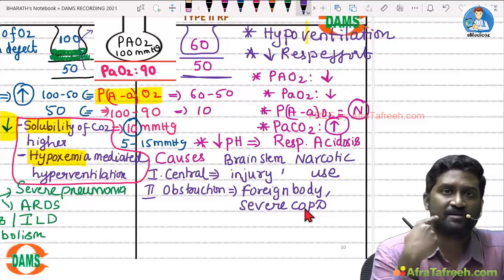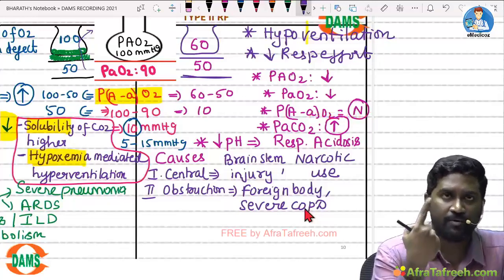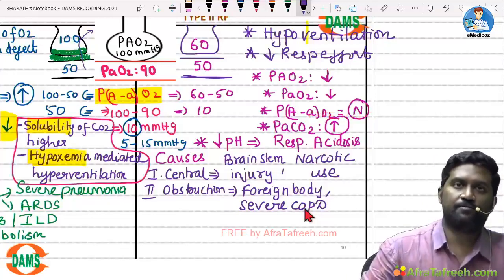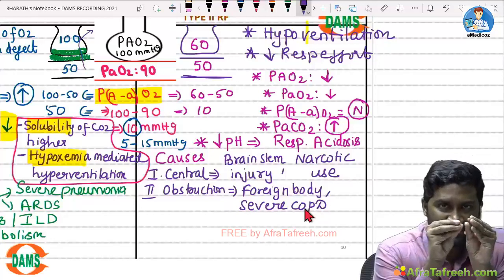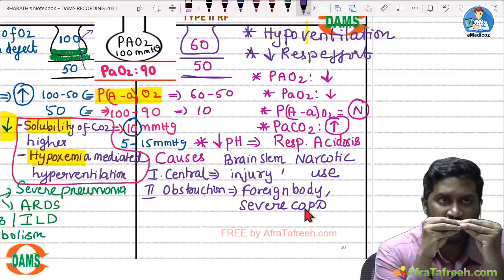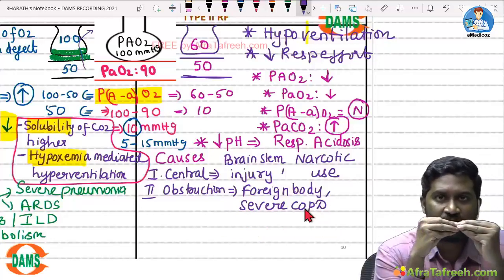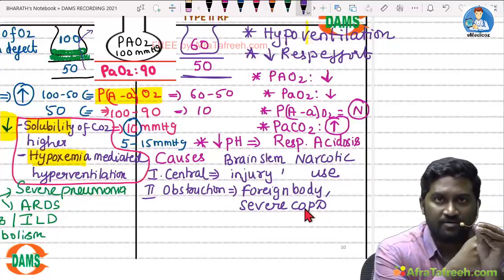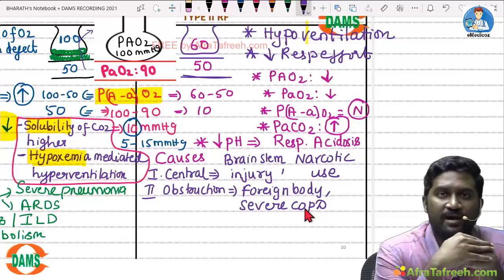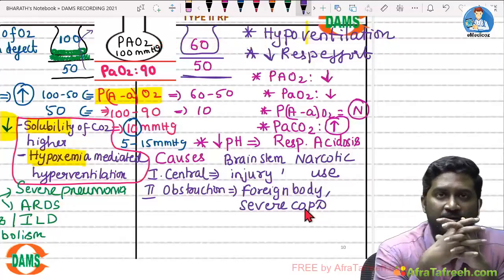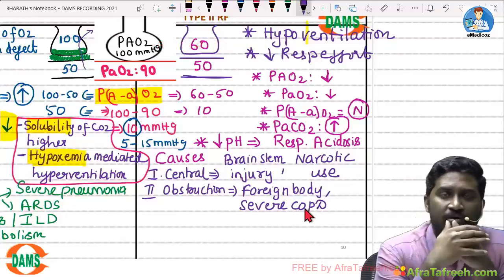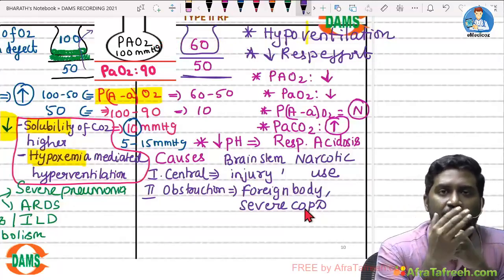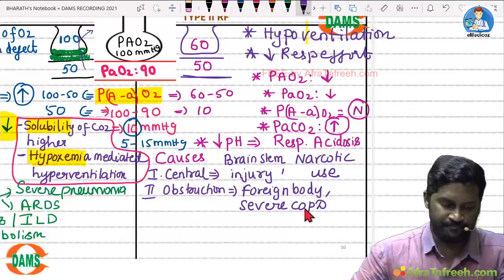During expiration, CO2 will not come out. In severe COPD, there will be extreme narrowing of airways. Whenever airways are extremely narrowed, during inspiration oxygen cannot go inside. During expiration, carbon dioxide will not come outside. Because CO2 is not coming out, it will increase in the body, resulting in carbon dioxide retention.